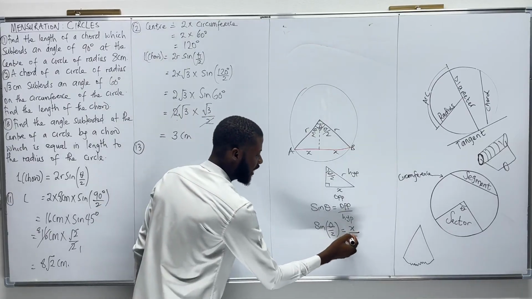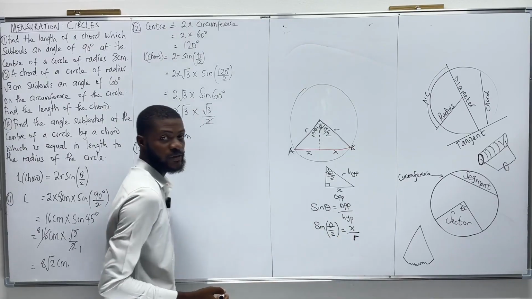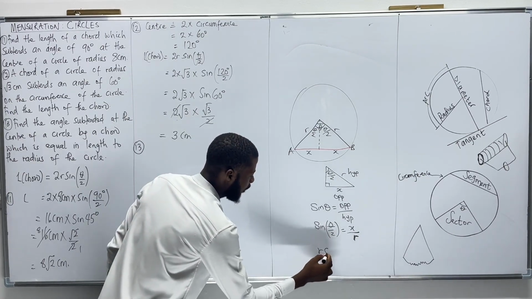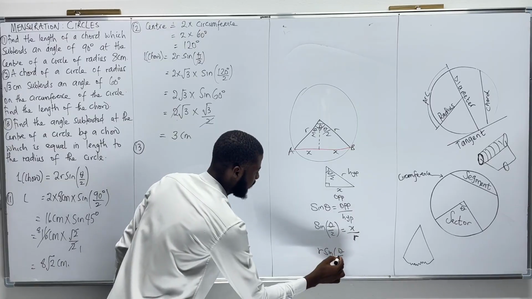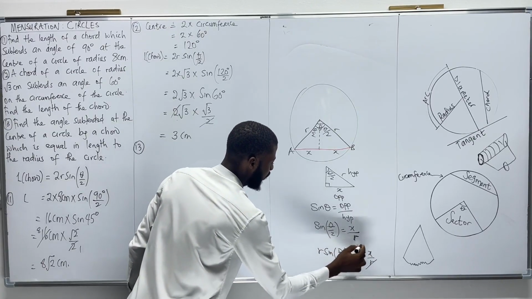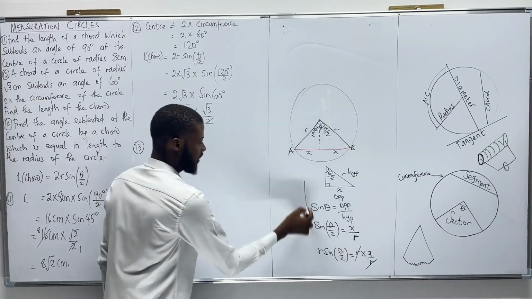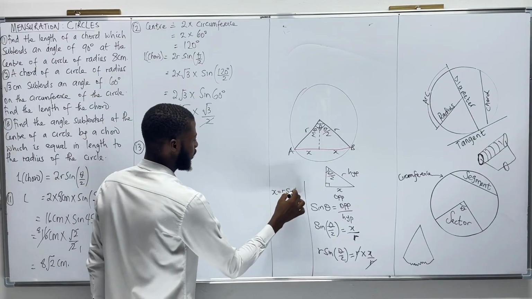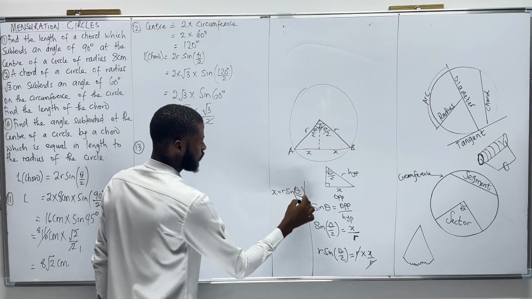Since we are dividing by the radius, we multiply both sides by r. So r sine theta over 2 is equal to r times x over r. We cancel out r. So this tells us that x is equal to r sine theta over 2.